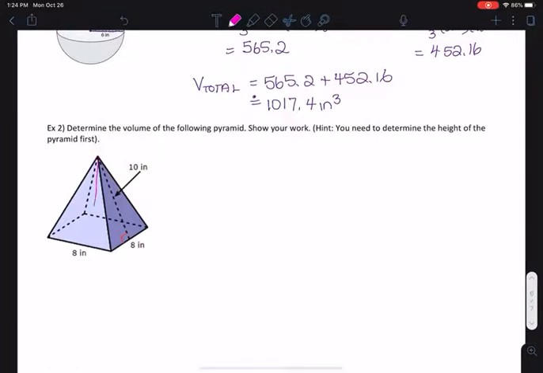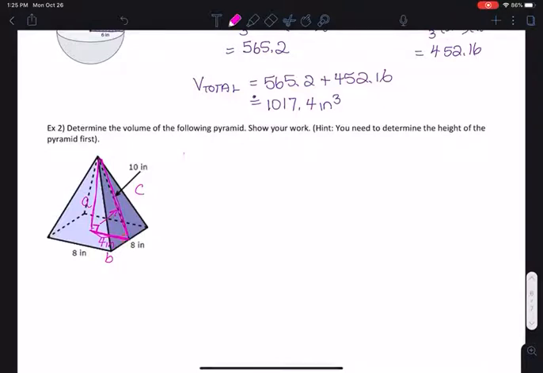There is a right angle triangle right in the middle of this thing. I'm not drawing it very well, but there it is. And so the hypotenuse of the right angle triangle is 10, so that's my C. The base of that is halfway across, so that's 4 inches because we go halfway into the middle, and we'll call that B. And A is the height that we don't know.